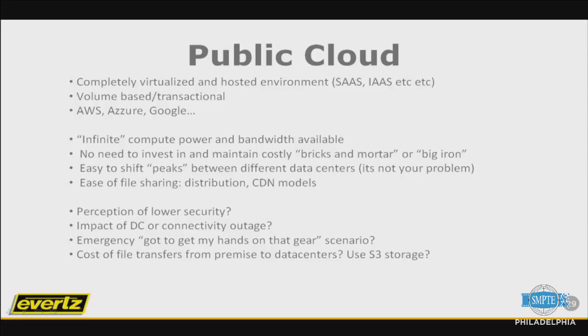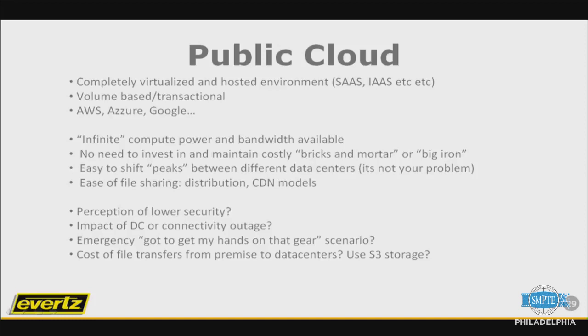Public cloud offers us practically infinite compute power and bandwidth, and you don't have to invest in anything you're not using. Nice thing is you can grow it easily. Amazon, I know, has lots of reserve capacity. You can get access to it without reserving 3 months in advance, and it's usually immediately available.